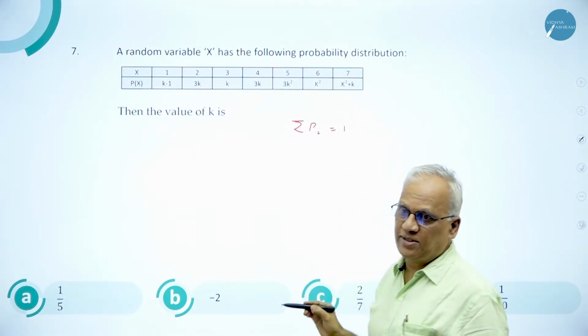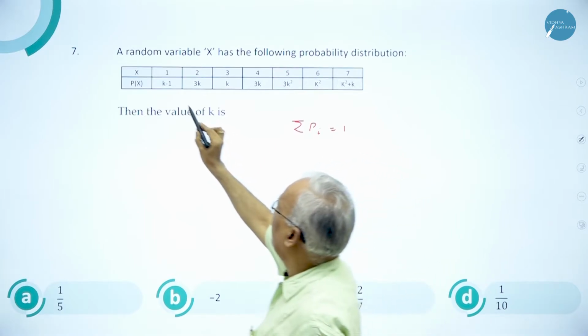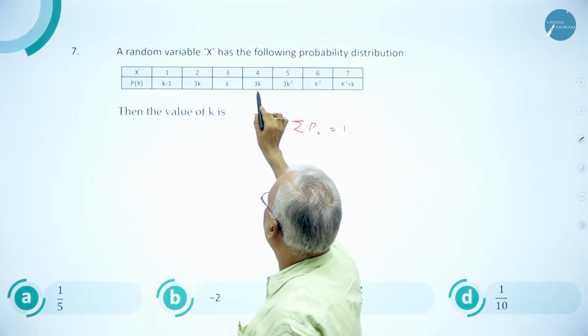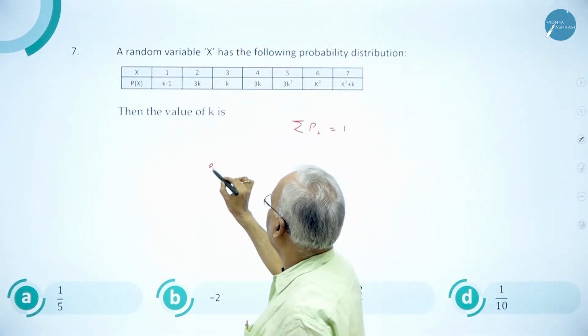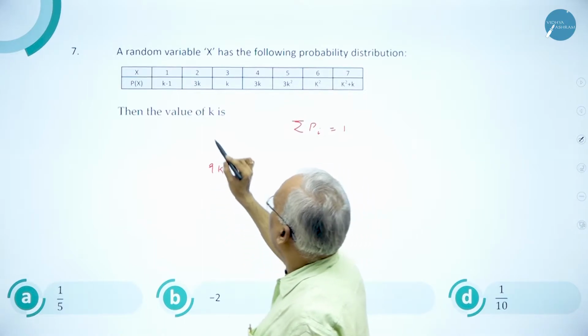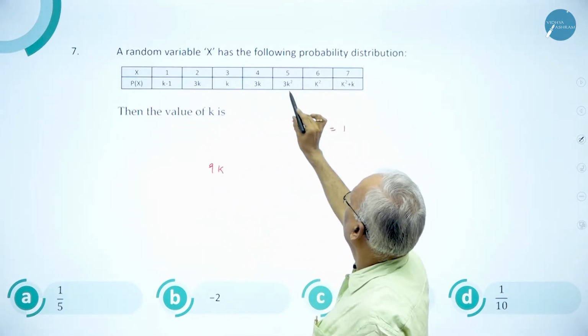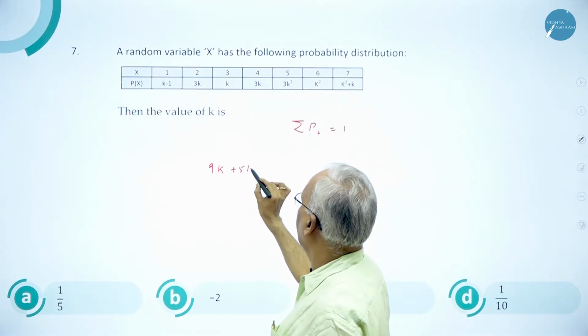The sum of all that is equal to 1. Don't write all the terms. Just directly add k, 3k, 4k plus k, 5k, 5k plus 3k, 8k, 8k plus k, 9k. And then the k squared terms, there are only two: 3k squared plus k squared plus k squared, 5k squared.